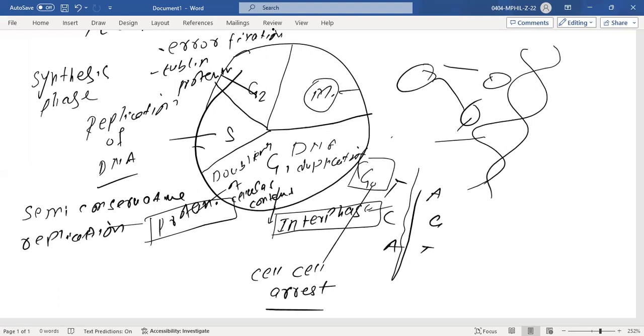Every cell in the body is not dividing every day. There are some cells which divide and reach a certain age, or they become mature, and then they stop dividing. Do you have an example for this? Nerve cells.